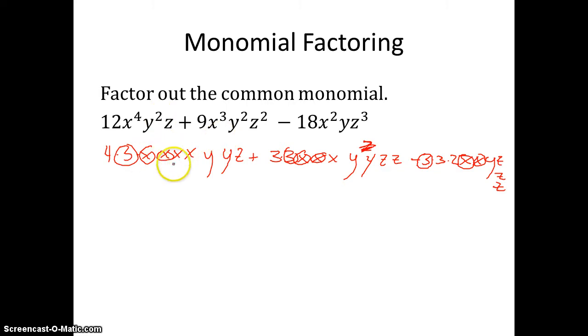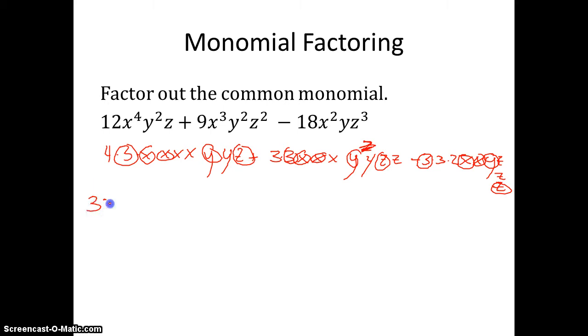It's only the number of x's that they all have in common. Moving on to y's, I have only one y in each one that they have in common. And then for z's, well, there's only one z in the first one, so I could only take one z out of all the other ones.